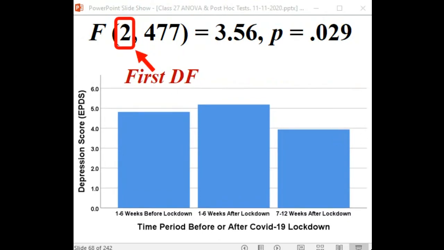The first degree of freedom, which is written on the left side, is equal to the number of groups being compared minus 1. Now, in this example, 3 groups are being compared. Each group is represented by a bar in the graph. So there's 3 groups, 3 minus 1 equals 2. So the first degree of freedom is 2.